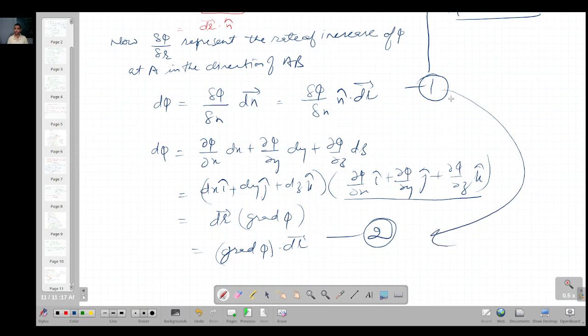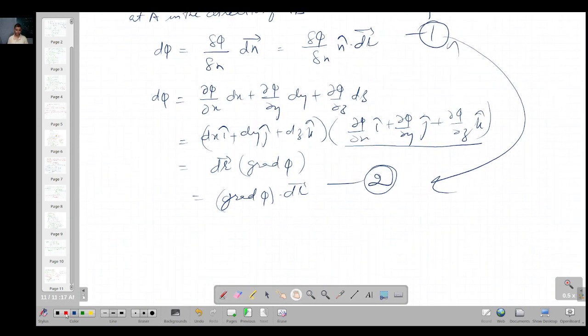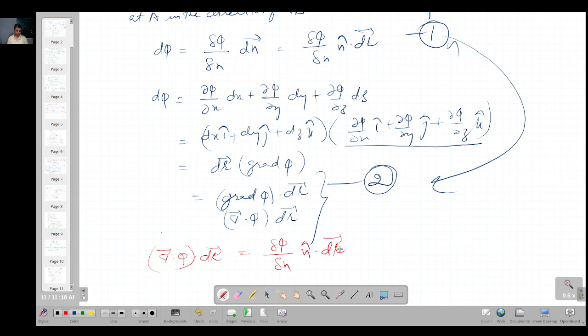If I compare these two equations, I have to equate them. So del phi dot dr vector, which is equation number 2, is equal to delta phi over delta n, n cap, dr vector.